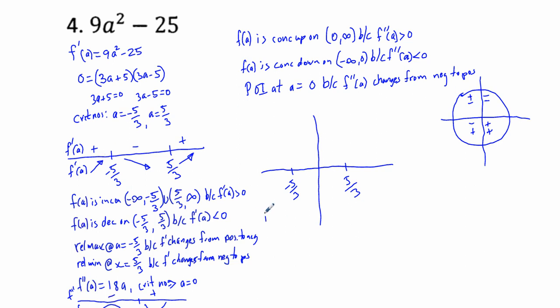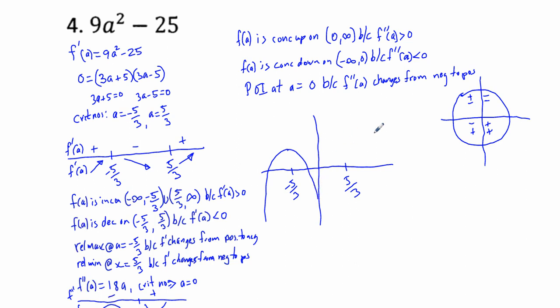So we're going to be increasing concave down, and then between negative 5/3 and 0, we are decreasing concave down, so that's going to be negative negative. So our piece up to 0 is going to look like this, decreasing concave down.